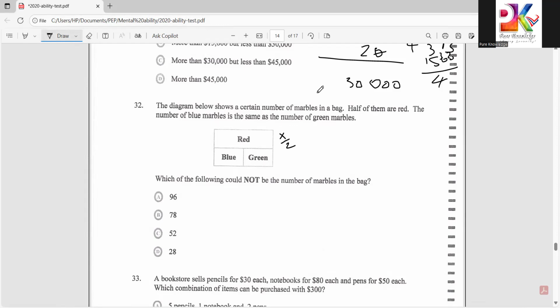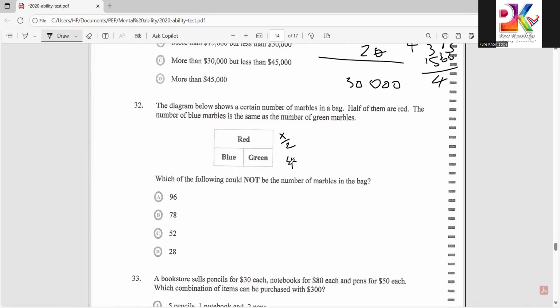And then it says the number of blue marbles is the same as the number of green marbles. So that means it's another half here, which will make it 4. Because remember that it's another half here. So it's 2 here, and the half up here, so it will be 2, will be 4.